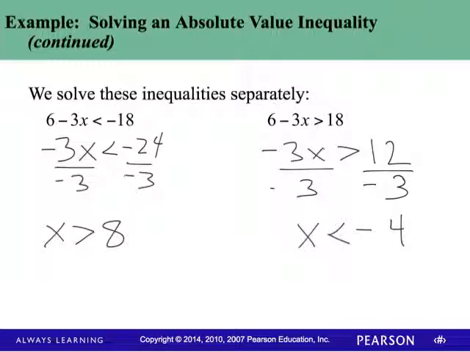So what do these two solutions look like as intervals? Well, x greater than 8 is just 8 to infinity, and x less than -4 is negative infinity to negative 4. Okay, so if x is in either one of these two intervals, then it's a solution to the inequality.